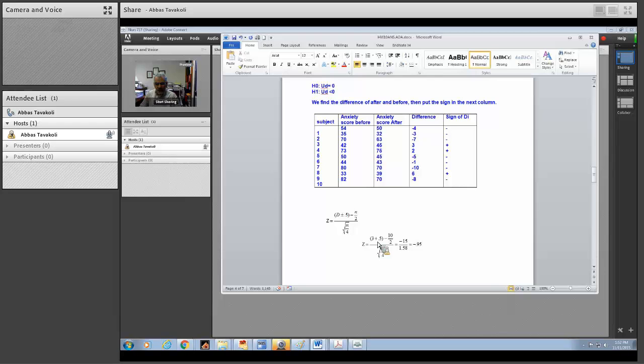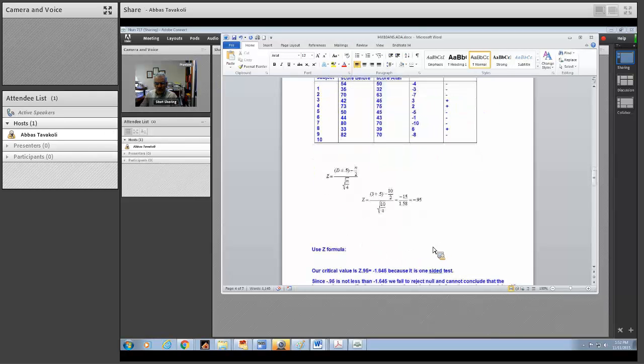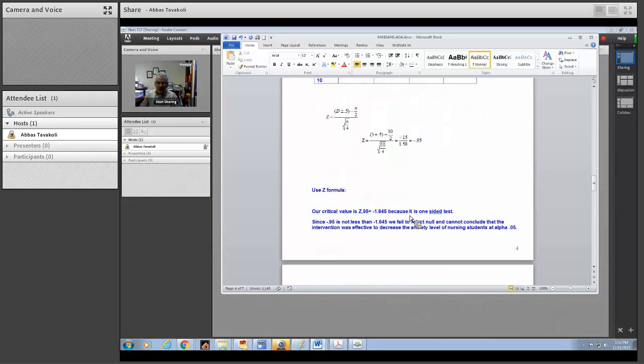So you add 3 plus 0.5 minus 10 over 2, over the square root of 10 over 4, which gives you negative 0.95. Because this is a one-sided test, you look at the critical value z.95, which is on the left side because it's negative: negative 1.645.